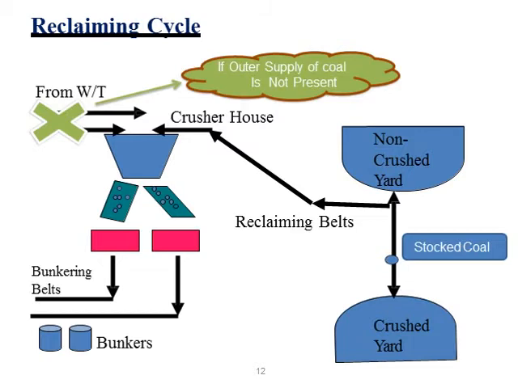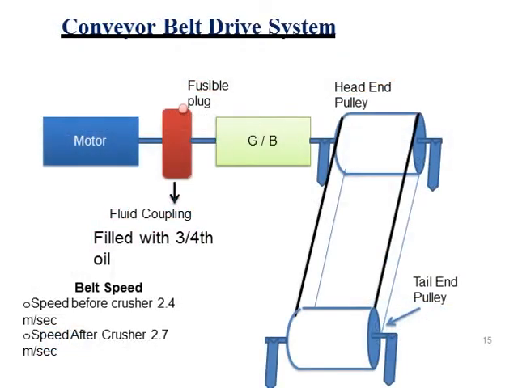The next slide is the conveyor belt drive system, which is used to convey the fuel in both ways. First we can use this conveyor belt to dump the coal in the yard, and then we can move this conveyor belt system in the reverse direction to get the coal from the dumped yard.